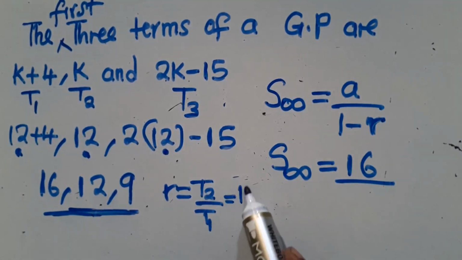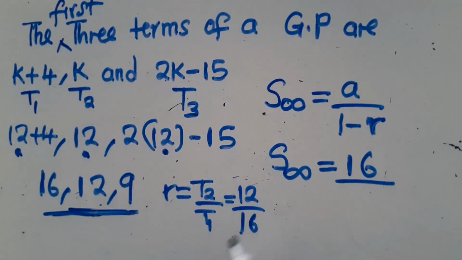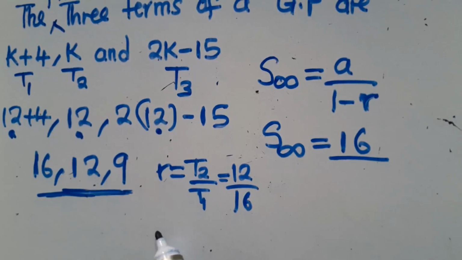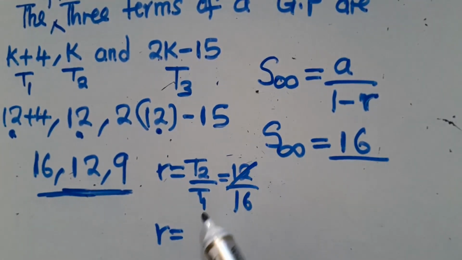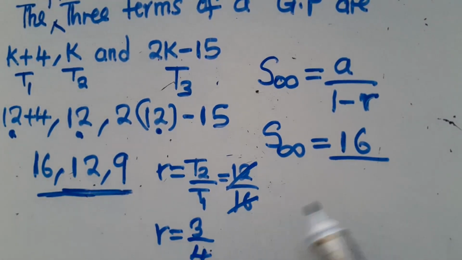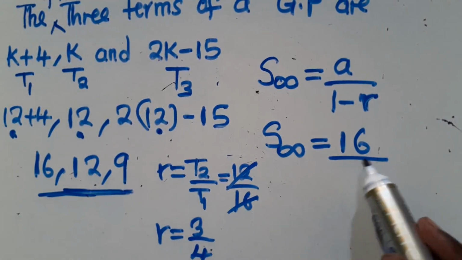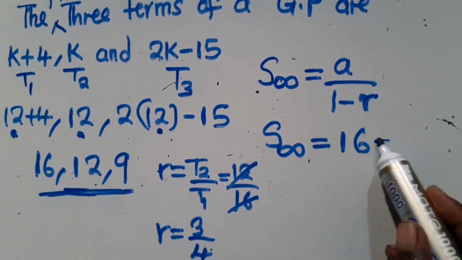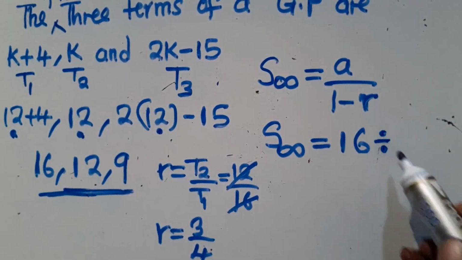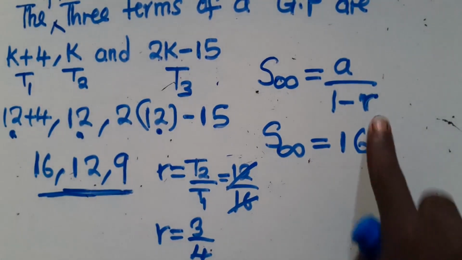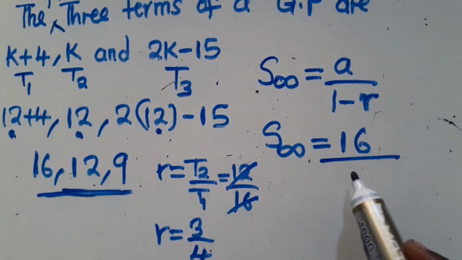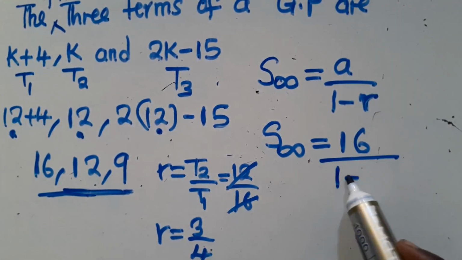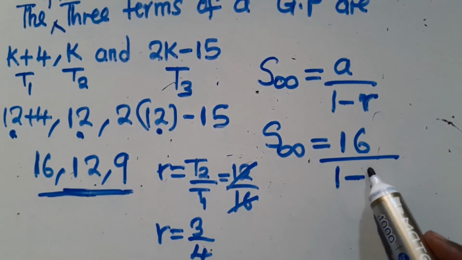T2 is 12 over 16. Which number can go into 12 and 16? 4 there, it is 3. 4 there, it is 4. So 3 over 4. So I will do this, over 1 minus 3 over 4.